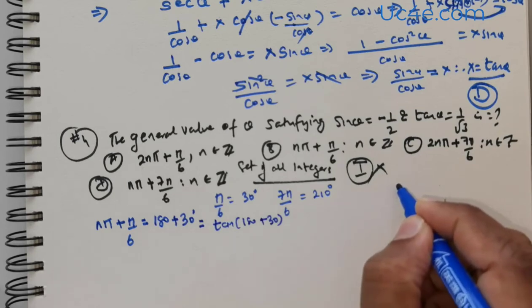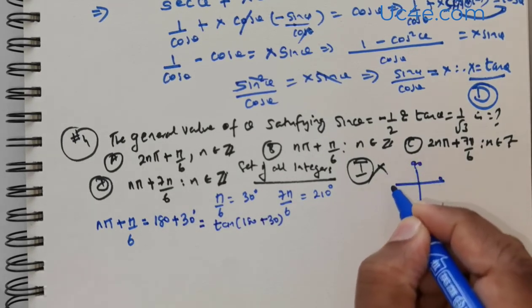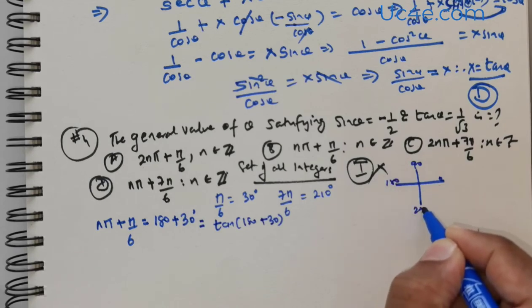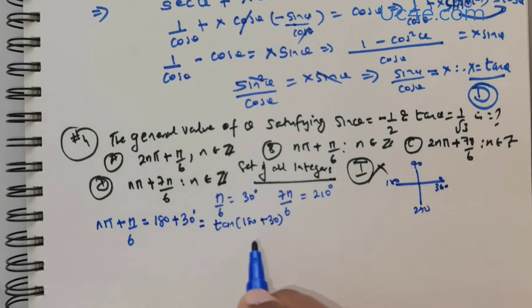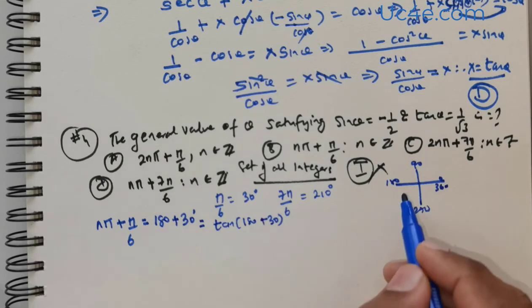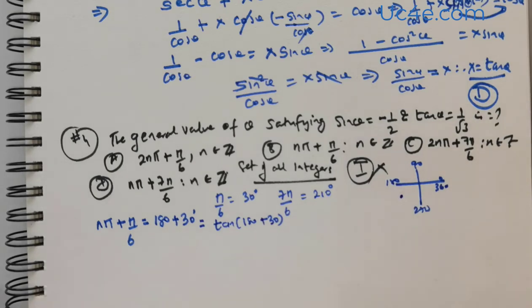So let me use this diagram. So 0, 90, 180, 270 and 360. So tan of 180 plus 30. So this is 180 and it ends up over here.